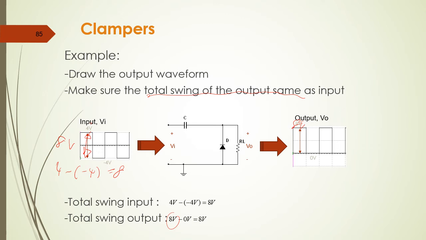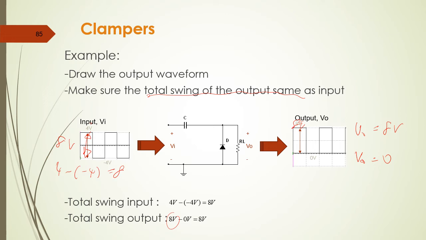So we know from the on state, the output voltage is equal to 0. From the off state, the output voltage is equal to 8 volt. Remember again, the off state is in the positive cycle, so the value of the voltage at the positive cycle is 8 volt.